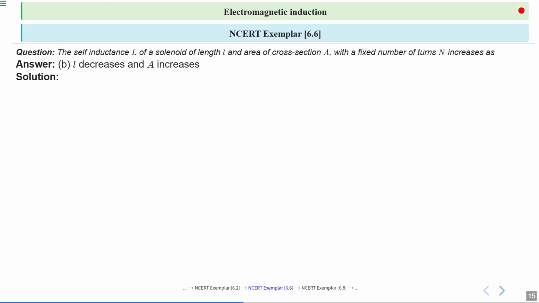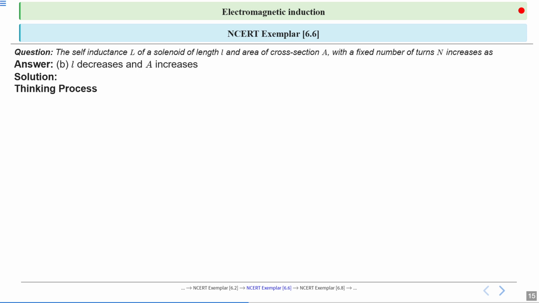So let's see the solution. The correct option is B, when L decreases and A increases.